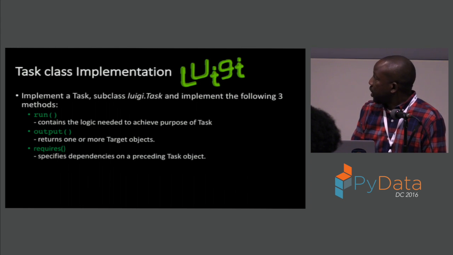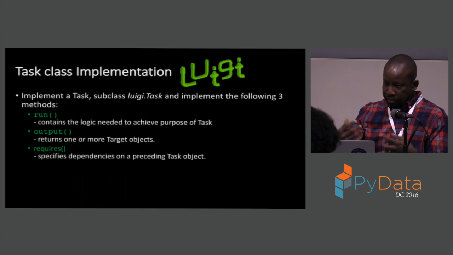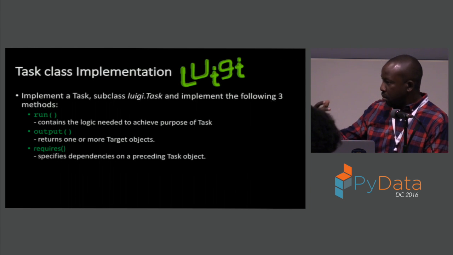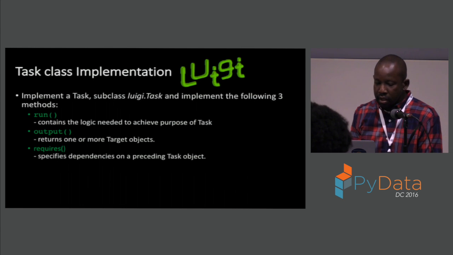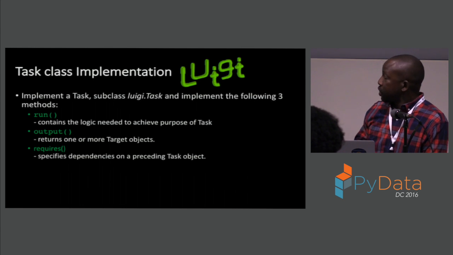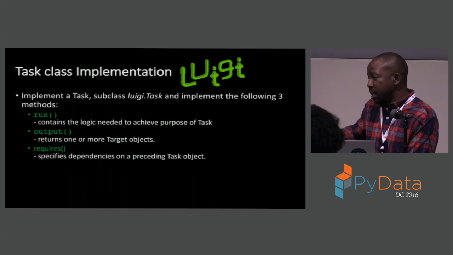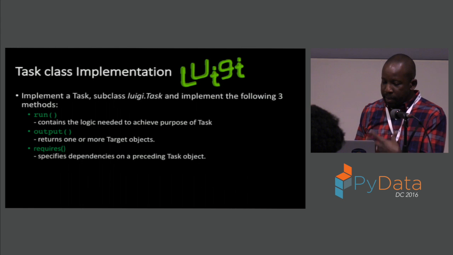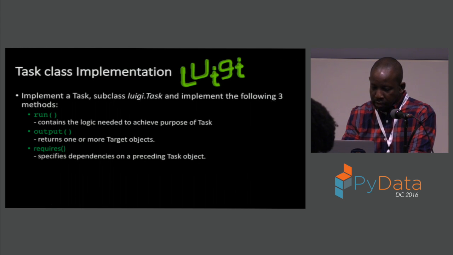The output method returns what your target is, and as I said, the target object could be a local file object or an S3 object. And requires is where we specify what the dependencies are, right? So if task B depends on A, you specify that in there.